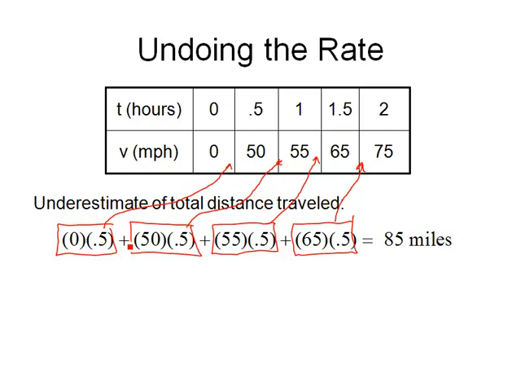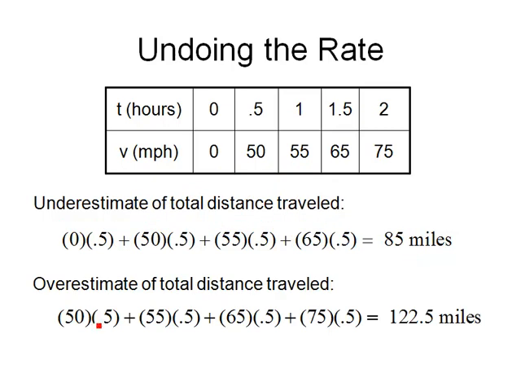So in each one of these intervals, I take my miles per hour, but now I multiply it by 0.5 hours. So I'm still getting an estimate of miles, but it's how many miles I've traveled over each one of the half-hour sections. When I sum these all together, I now get an estimate of 85 miles.